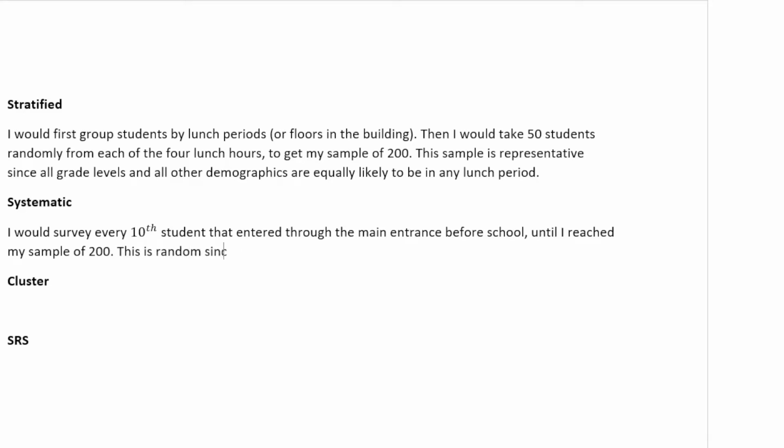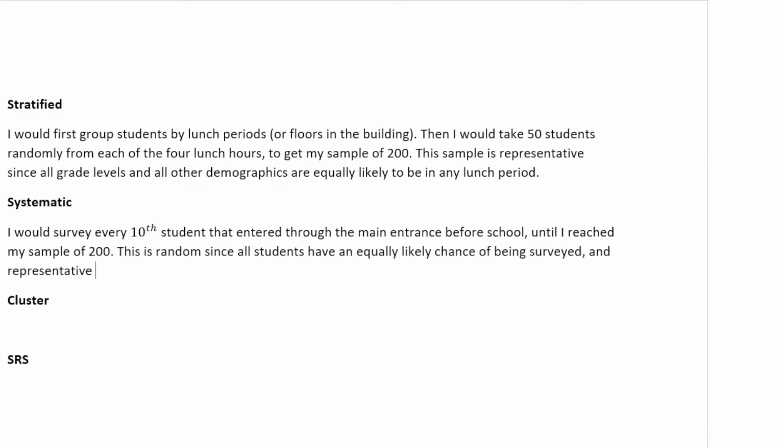This is random since all students have an equally likely chance of being surveyed, and representative because all students utilize this entrance. So again, it's random because it's not like we enter in grade level order, and it's representative because, again, everybody's coming to the same place, so all different demographics, all different grade levels, genders are all represented in this common place.